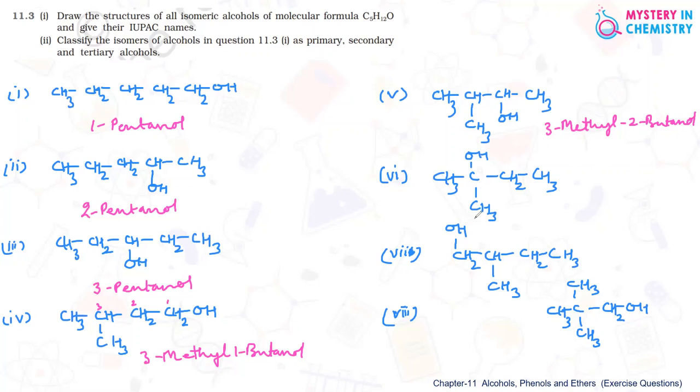And here it should be 1, 2, 2-methyl-2-butanol. OL. And after that, this one should be 1, 2, 3, at the second carbon a methyl group. So 2-methyl-1-butanol.